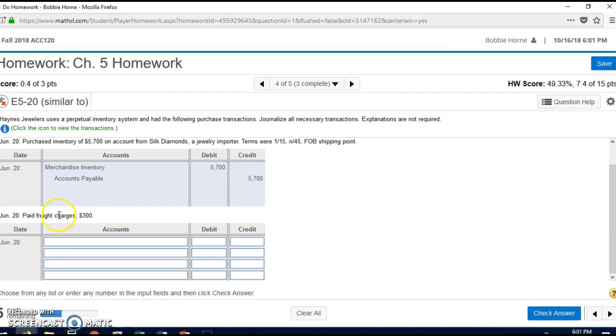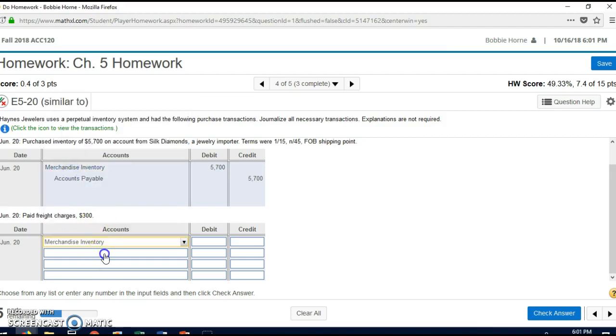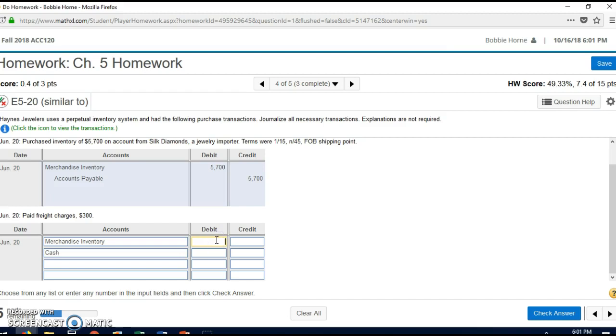On June the 20th, we paid freight charges of $300. That, as a buyer, is part of our inventory. Anything that we pay to get the inventory delivered to us is included in the cost of the inventory.